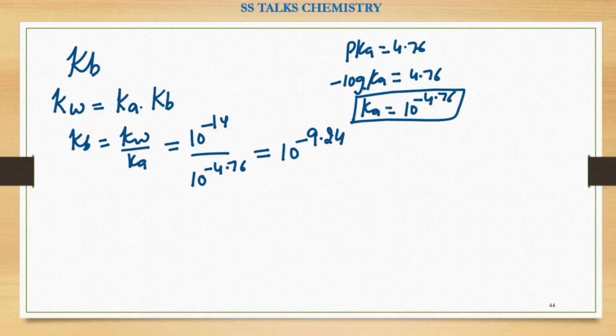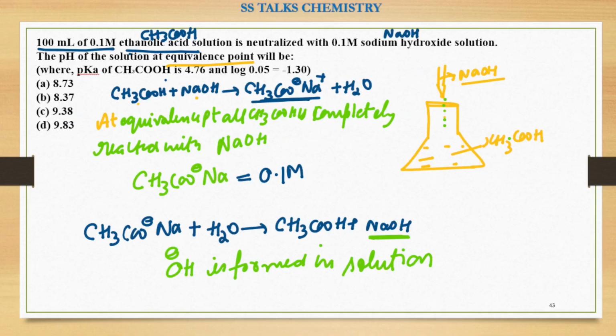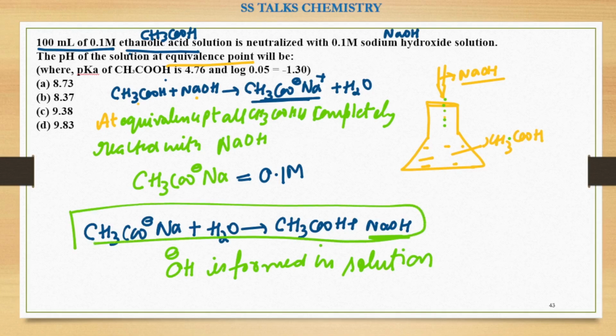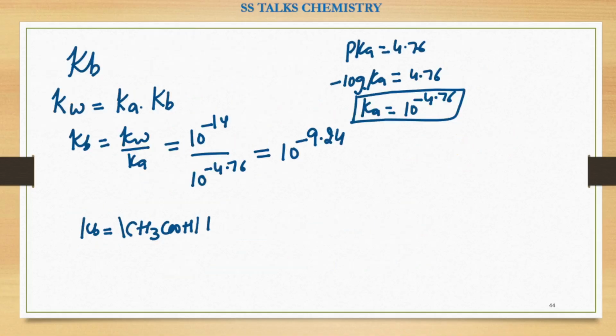Right? Now, for the Kb value, Kb can be written as the product of concentrations: acetic acid into, not the water, the OH negative ions that are being formed. This is the equilibrium we are using now. So we have the acetic acid, along with that OH negative is being formed, and in the denominator it is the acetate ion.